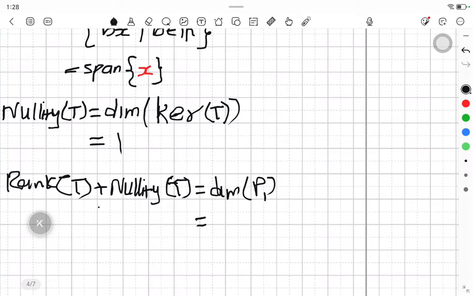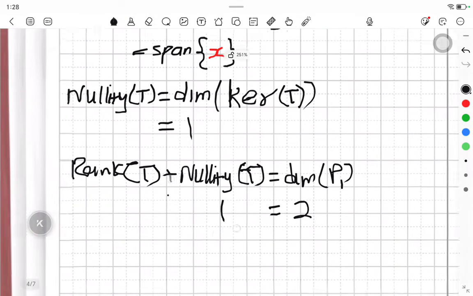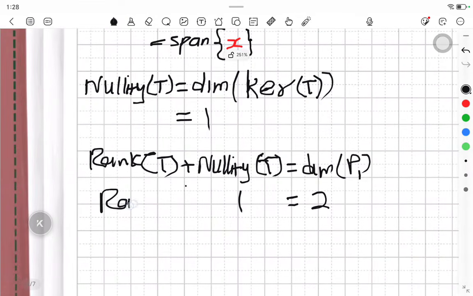What is the dimension of P1? 2, right? Then our nullity is 1. It means that our rank is what? 1. It's 1, right?